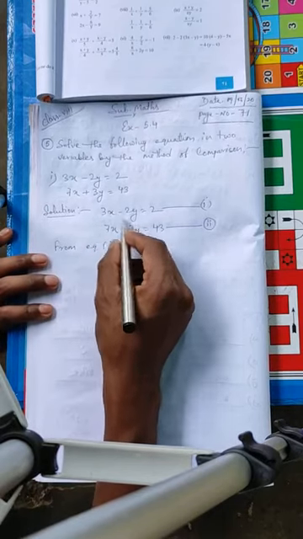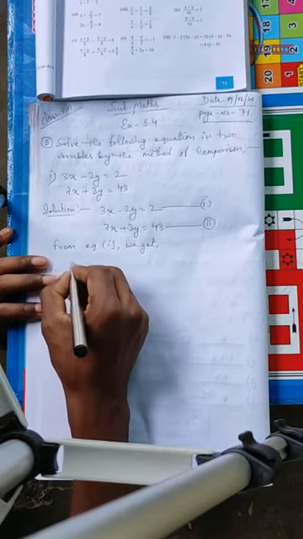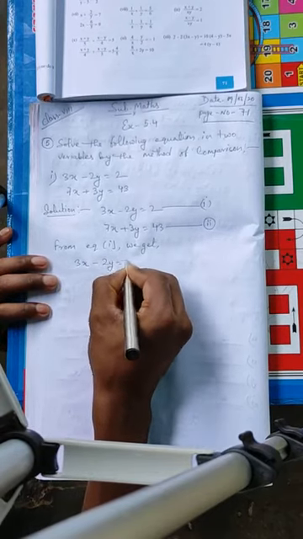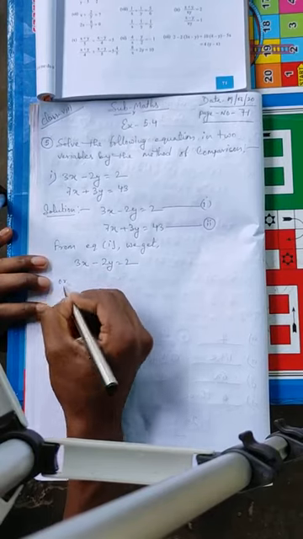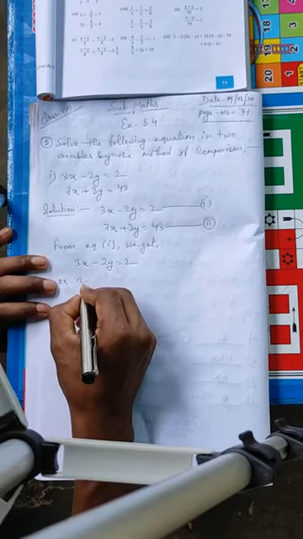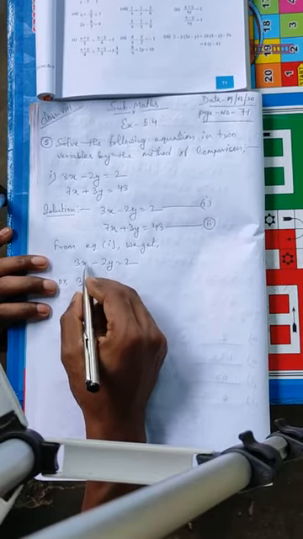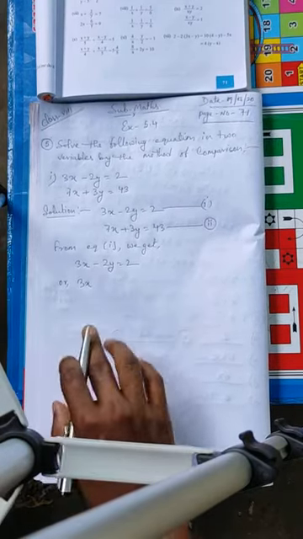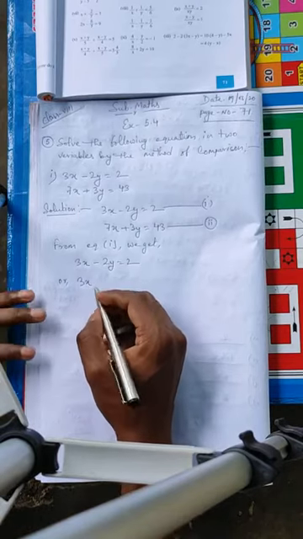Suppose we have to find the value of x. So we first write the equation 3x minus 2y equals 2.